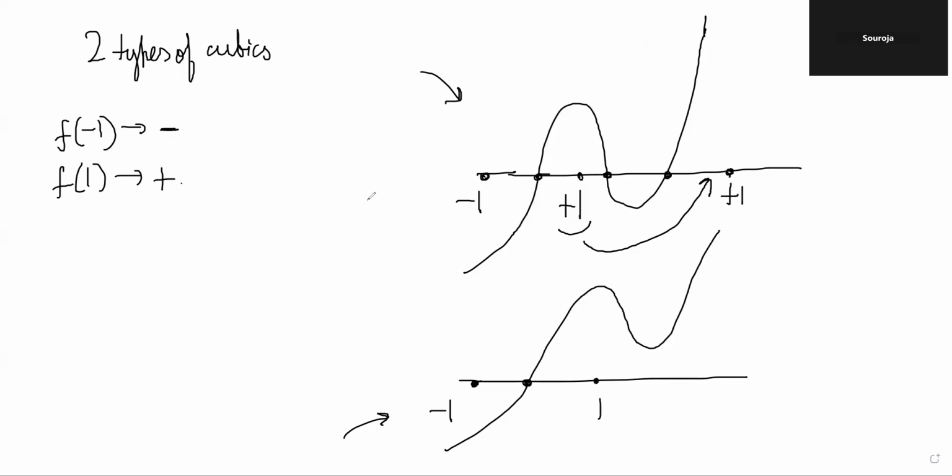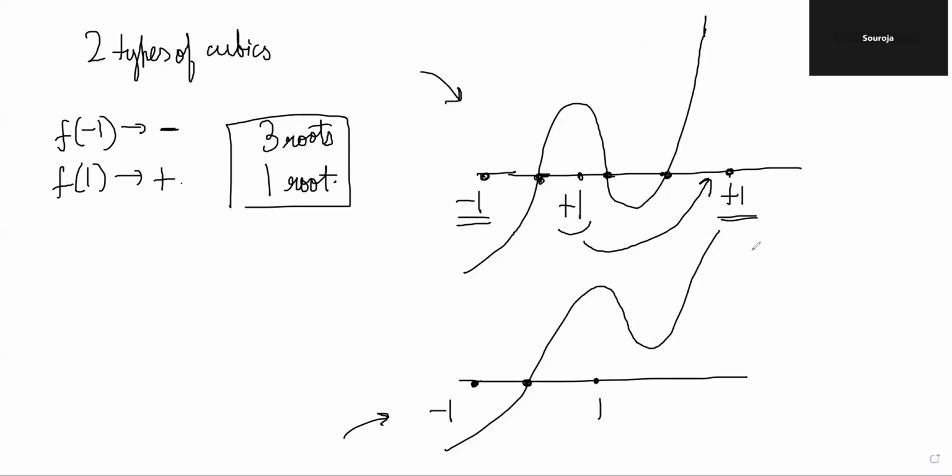So basically the answer could be there could be 3 roots or there could be one root. Do you understand what I'm saying? Either three roots can be there between -1 and 1, because the curve can come down and again go up, intersecting three times, right? Or it can intersect only once between -1 and 1, or it could be a curve like this, right? I hope you're getting what I'm saying.